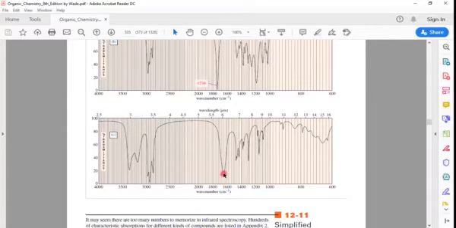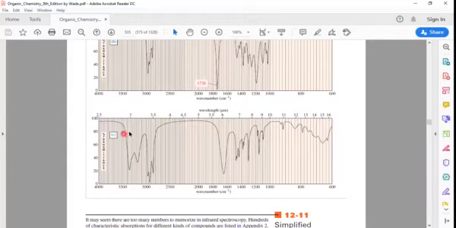It is lower, not at 1700 but about 1650 or 1640, and that is the area of an amide carbonyl.